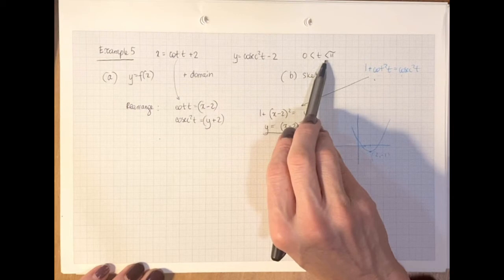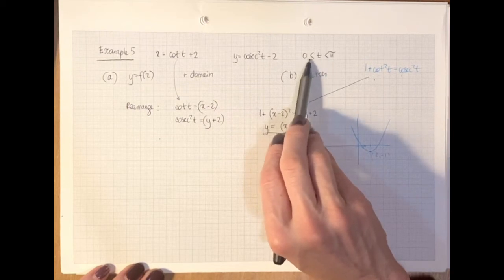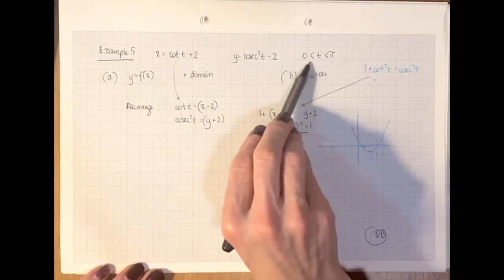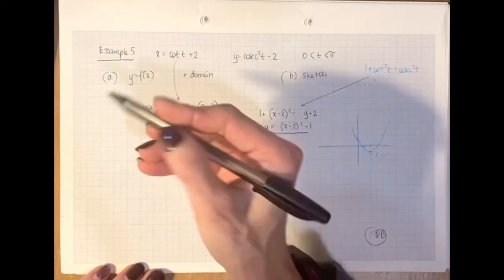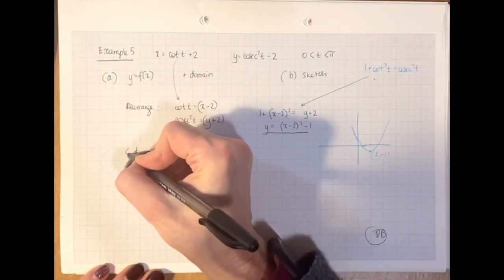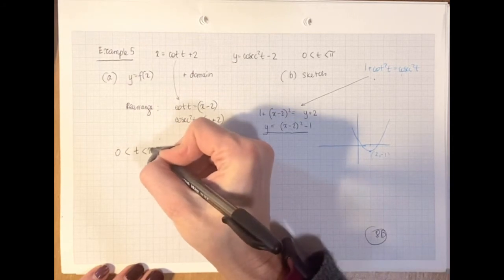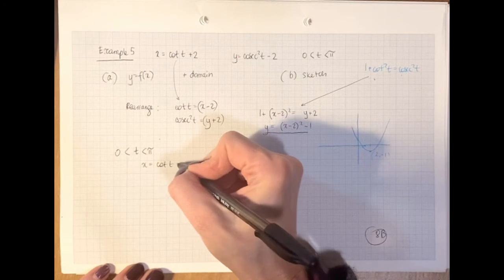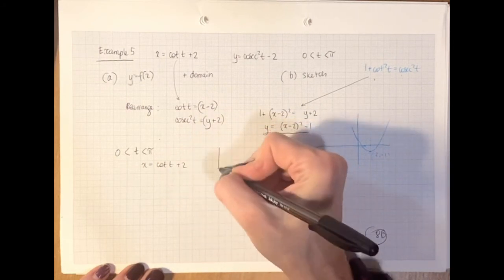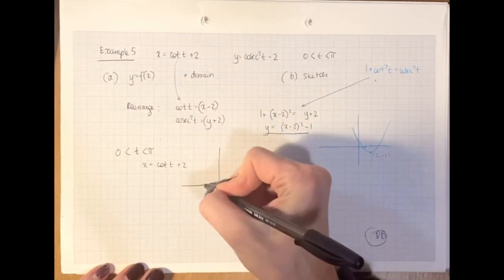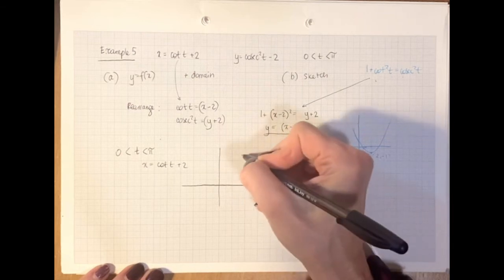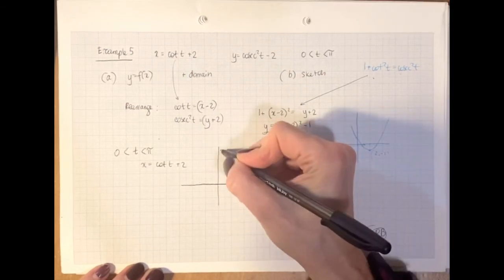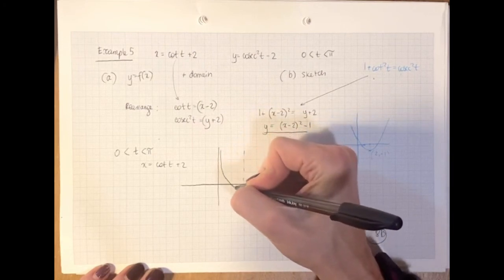So the domain of this function: if t is between 0 and pi, we need to think about cot t. What is happening to cot t between t equal to 0 and pi? If I were to sketch this graph, remember cot is going to have asymptotes at 0 and then pi, and it kind of does the opposite to tan.